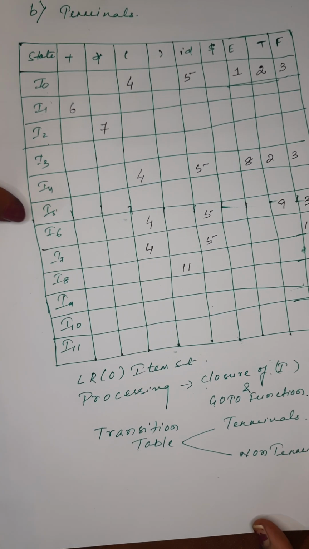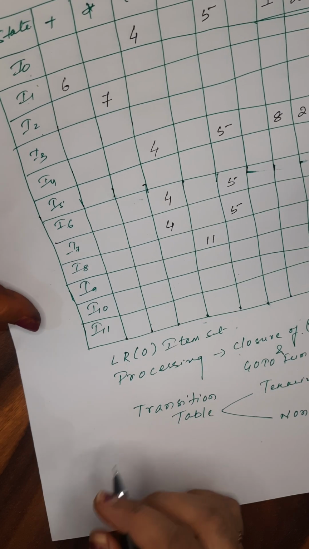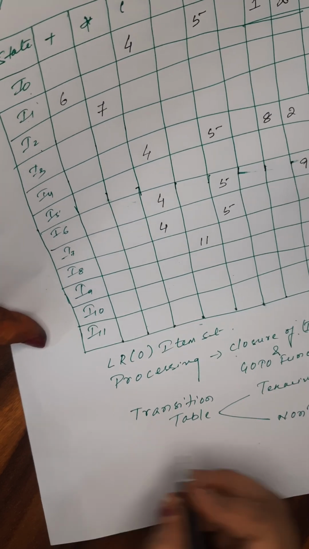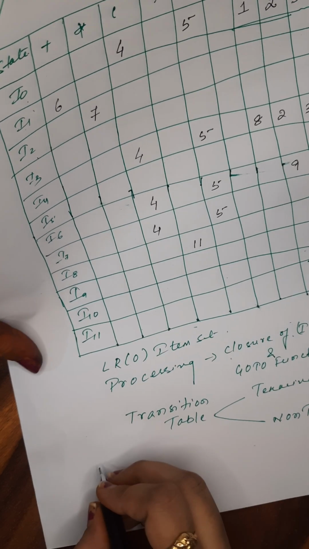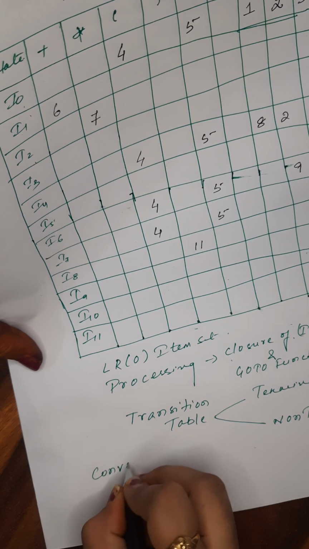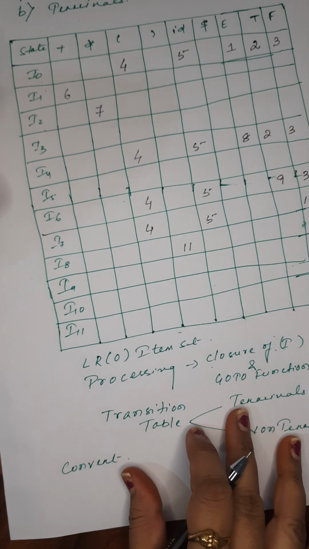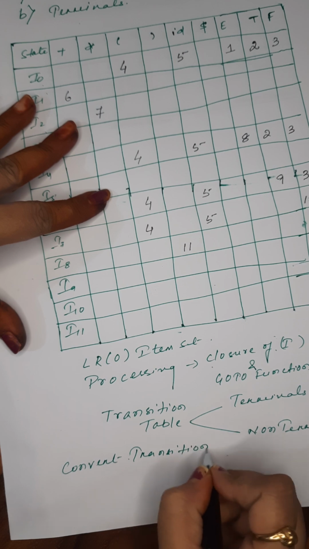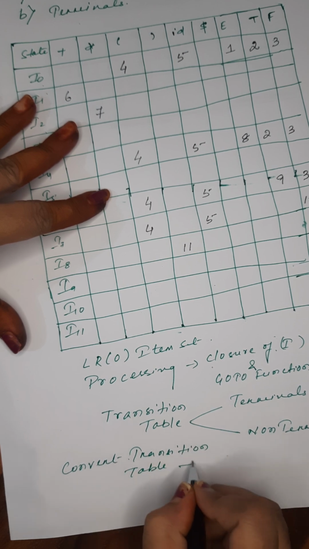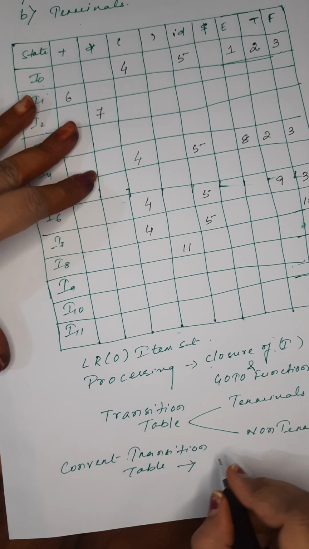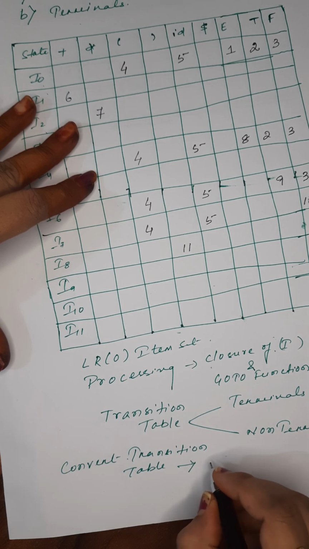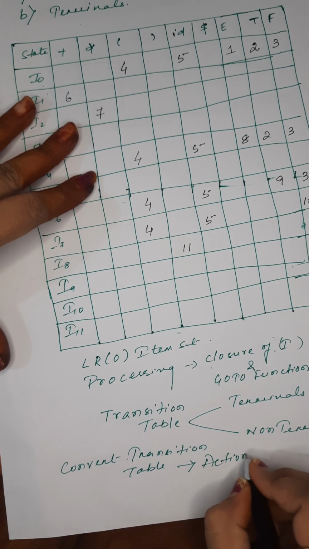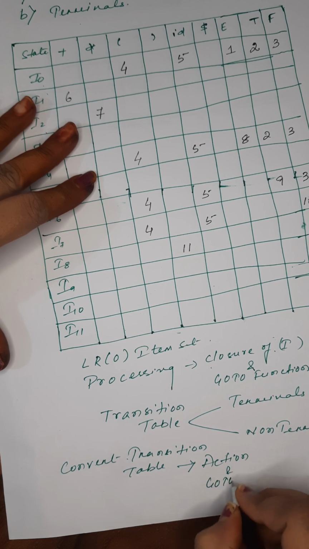Now in my next video I will explain how to convert the transition table into an action and goto table.